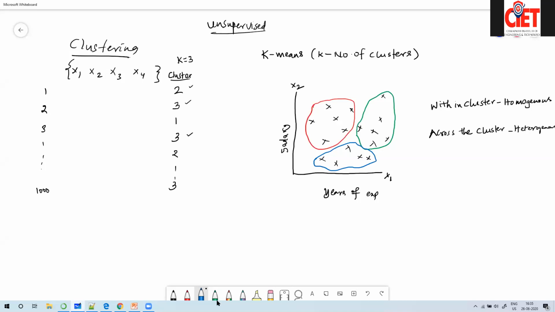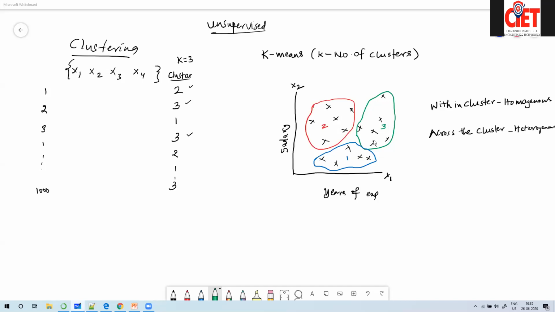We think that they are very similar to each other. So we wanted to create 3 clusters. Let's say this is cluster number 1, this is cluster number 2 here, and this is cluster number 3 here. At the beginning, we had all the observations together. Then we try to separate those observations into 3 clusters that satisfy this condition. Within the cluster, they have to be very similar.